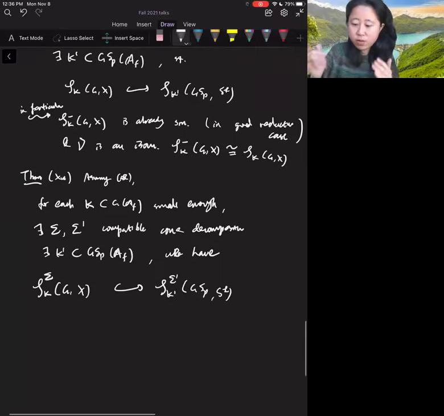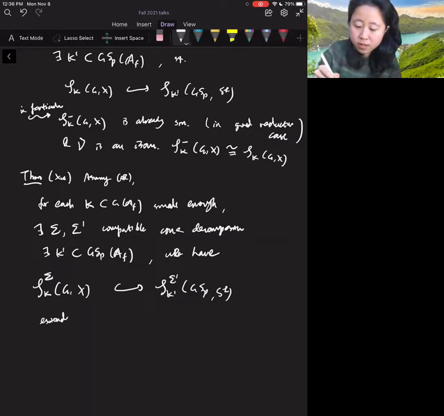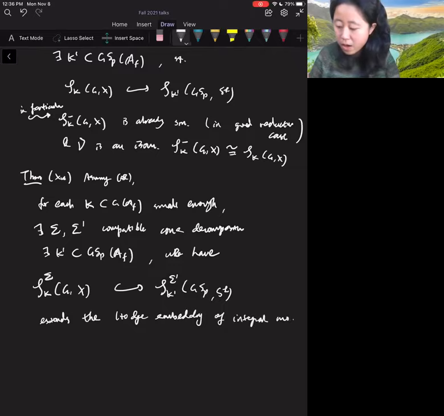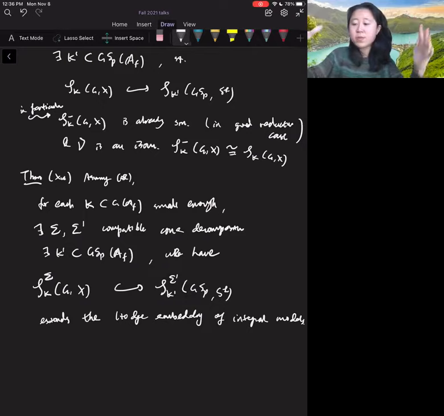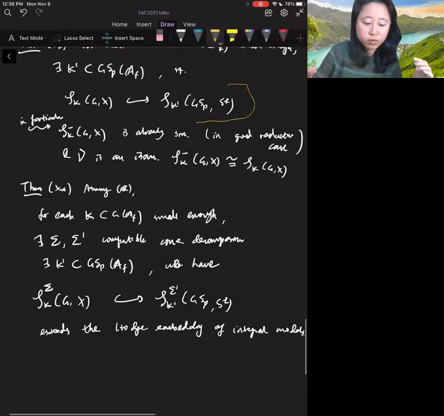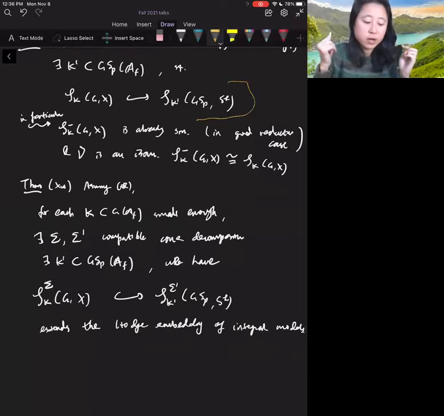Moreover, this embedding extends the Hodge embedding of integral models. I'm just saying that the open part of this embedding on the toroidal compactification recovers the embedding we have up here, on the level of integral models without the compactification part.